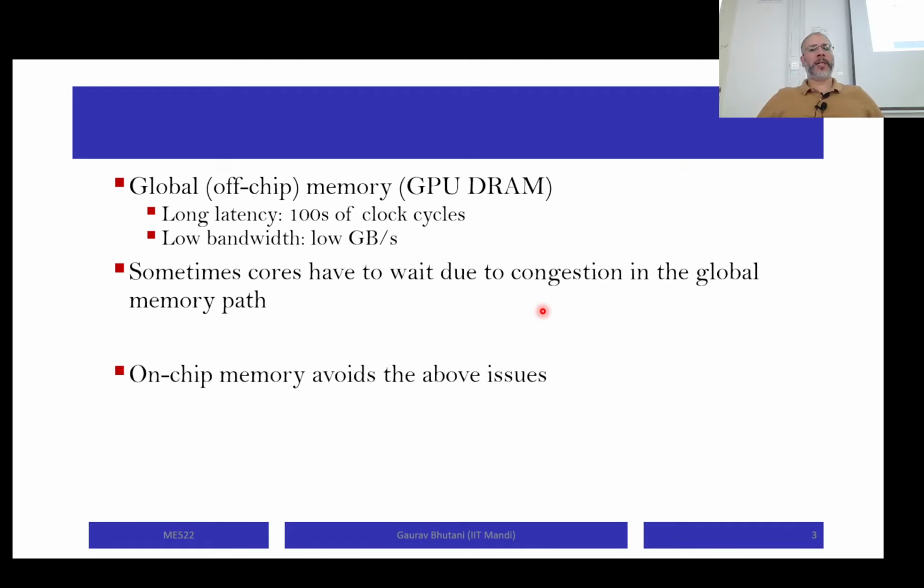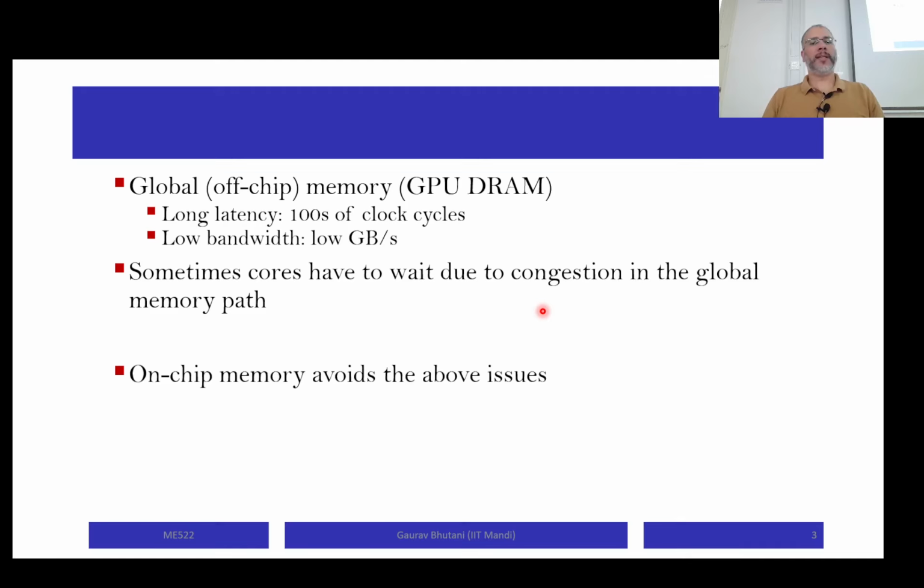And sometimes, because of a lot of demand for global memory at different cores, because global memory is accessible throughout the GPU, that means all parts of the GPU, all streaming multiprocessors, can request this global memory.